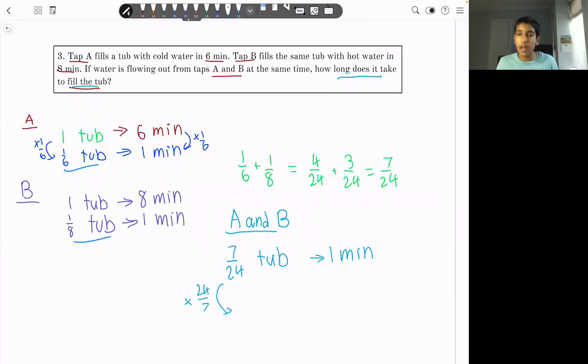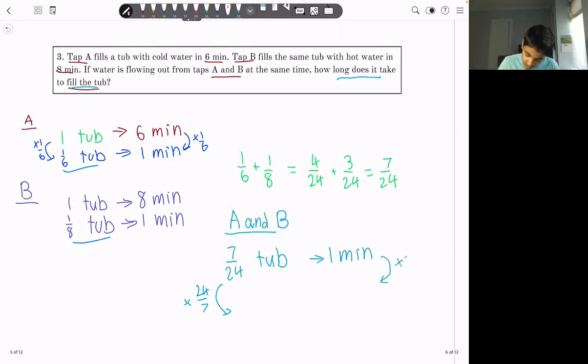We multiply the amount of tubs, multiply to minutes. And this gives that one tub, because the 24s will cancel, the 7s will cancel, one tub can be filled in 24/7 minutes. That's what you're asked to find.